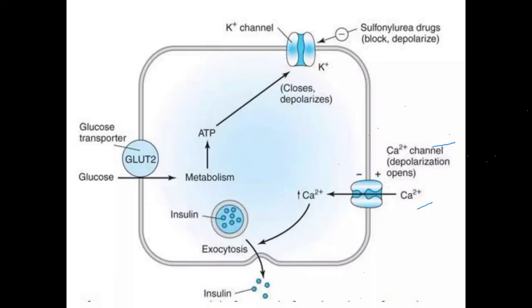Exocytosis means the insulin inside the cell gets released into the outside medium of the cell, thereby the insulin percentage inside the cell and outside the cell is maintained, and thereby the insulin release into the blood is maintained. So the insulin level normalizes. So this is how the sulfonylurea drugs work.